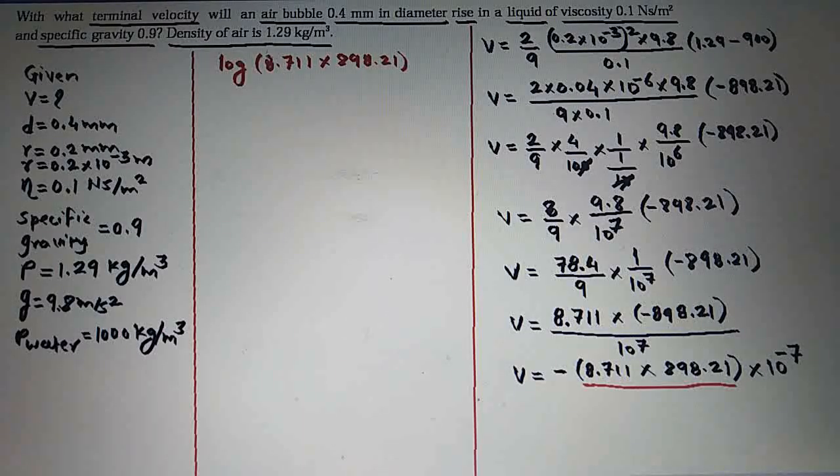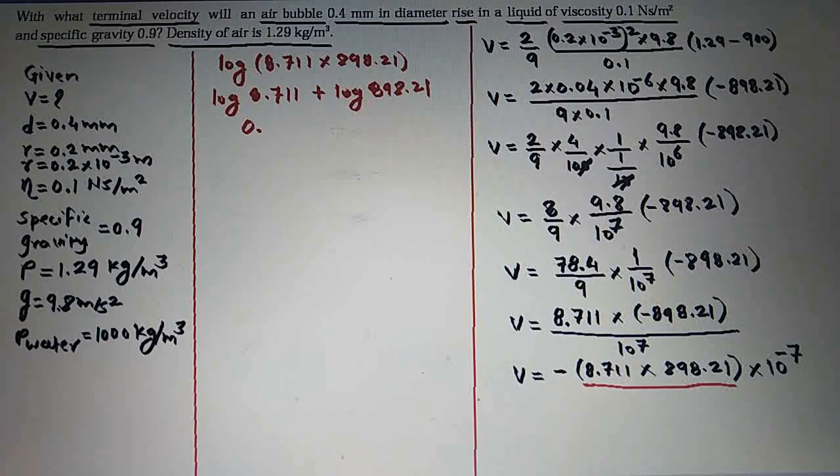As this is multiplication, we will write it as log of 8.711 plus log of 898.21. Now first we will solve this log of 8.711. As there is only one digit in the integer part, the characteristic will be 1 minus 1, that should be equal to 0.